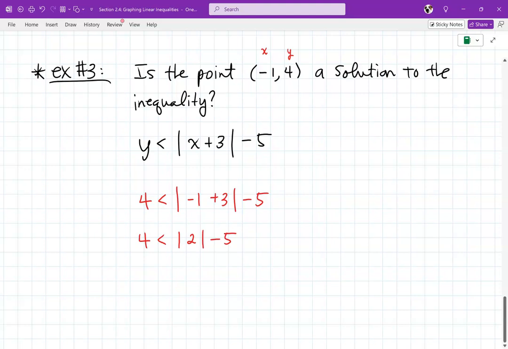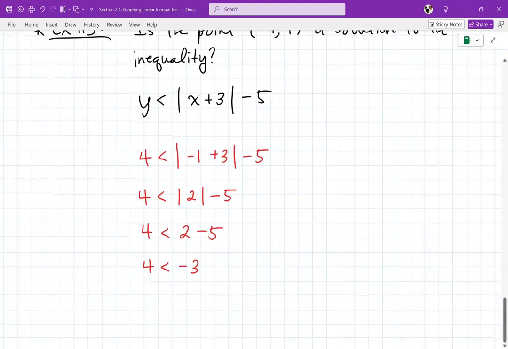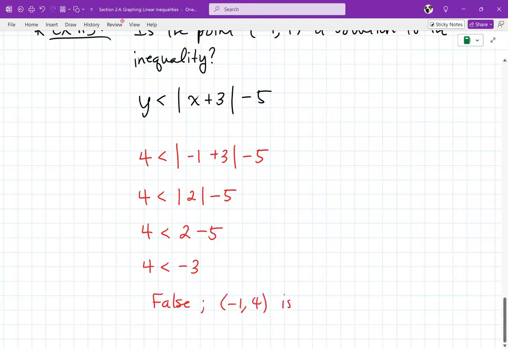The absolute value of 2, that's 2. And 2 minus 5 is -3. Is it true that 4 is less than -3? No, right? So this is false. Okay? This part right here is false. So I'm just going to put right here, -1, 4 is not a solution.